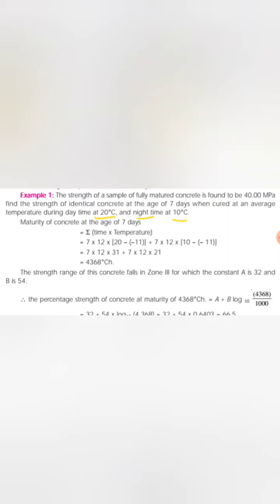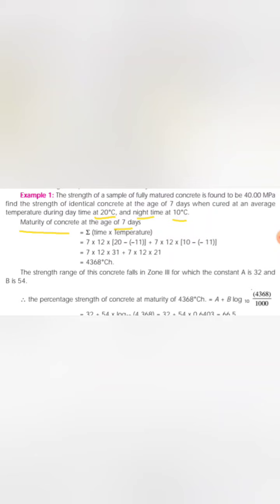Here the problem is to calculate the strength at 7 days. So first, I am calculating the maturity of the concrete at 7 days. What is maturity? The calculation of the maturity is done by taking the product of time and temperature.